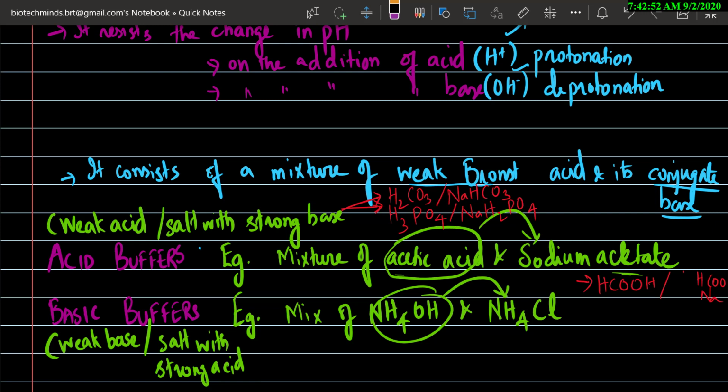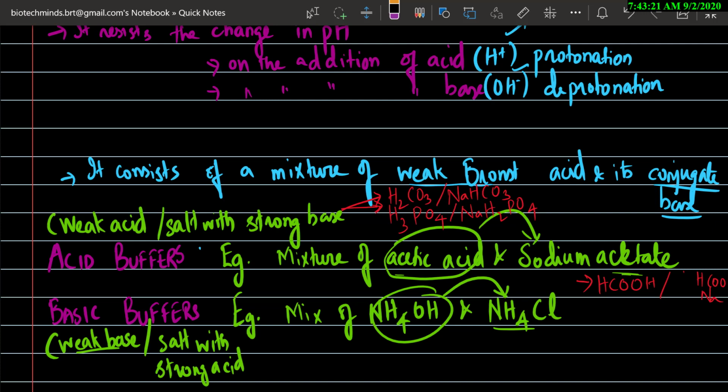In acid buffers, I told you it is a mixture of weak acid and its salt with a strong base, in the sense of sodium. In basic buffers, it is a mixture of a weak base and its salt with a strong acid. So ammonium hydroxide is a weak base, and the salt with the strong acid is ammonium chloride.